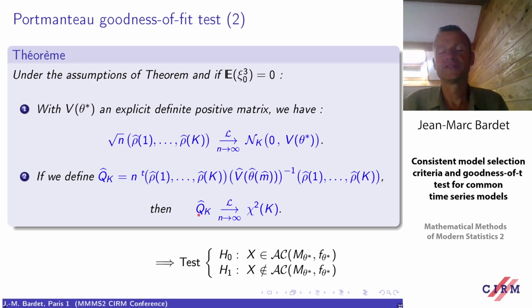And this statistic, Q_K, will be the test statistic, the goodness of fit test statistic, a Portmanteau test statistic for testing if the observed trajectory X is really an affine causal model or not, an affine causal model which is included in the family of considered affine causal models.